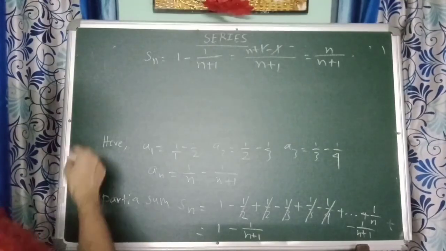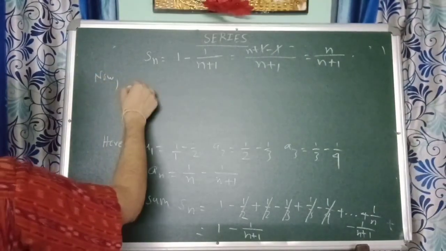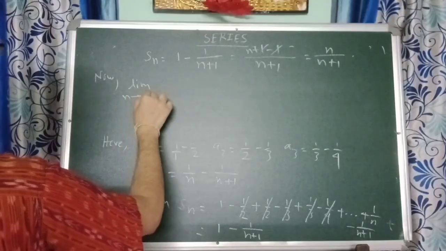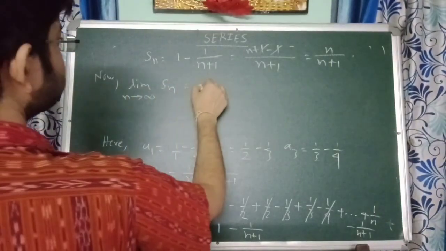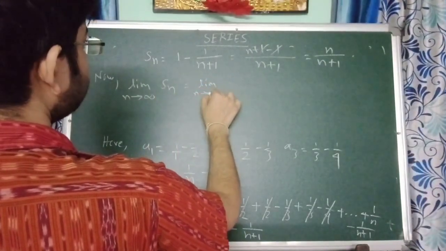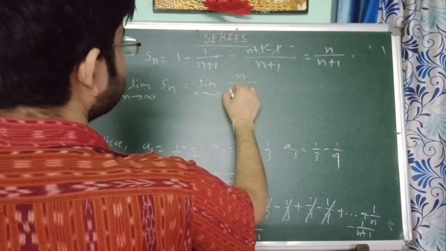Now the limiting value of Sn is limit n tending to infinity of n by n plus 1.